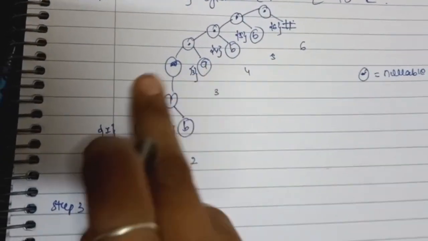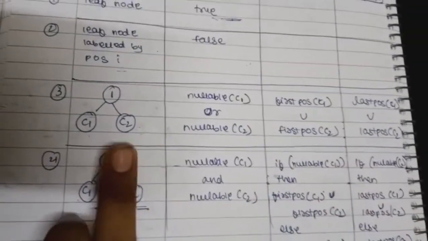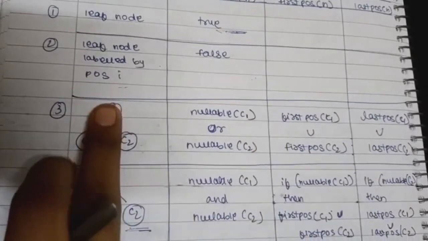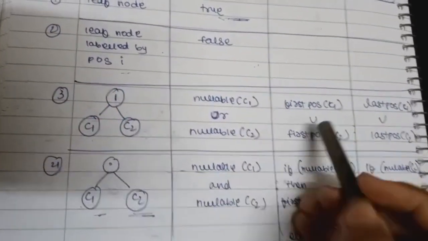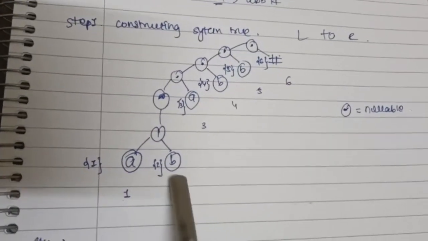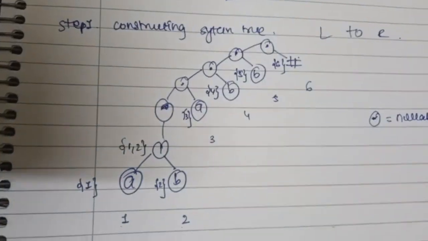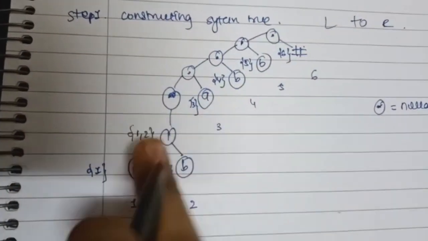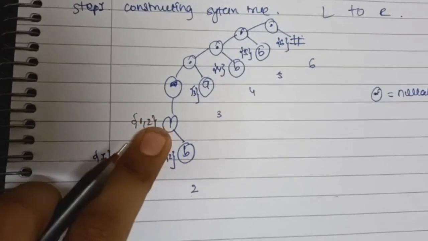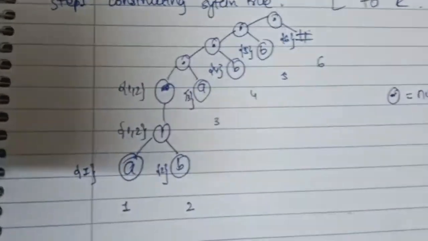Now let's calculate the first position of the operators. I have already discussed the rules here. The first position of this OR operator is calculated as first position of C1 union first position of C2. The first position of C1 here is 1 and 2, so 1 union 2 is 1, 2. The first position of this star will be the first position of C1, so 1, 2.